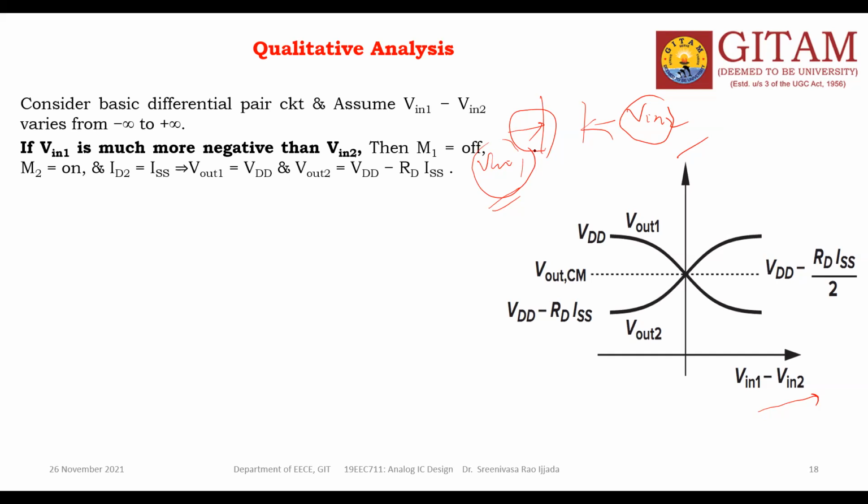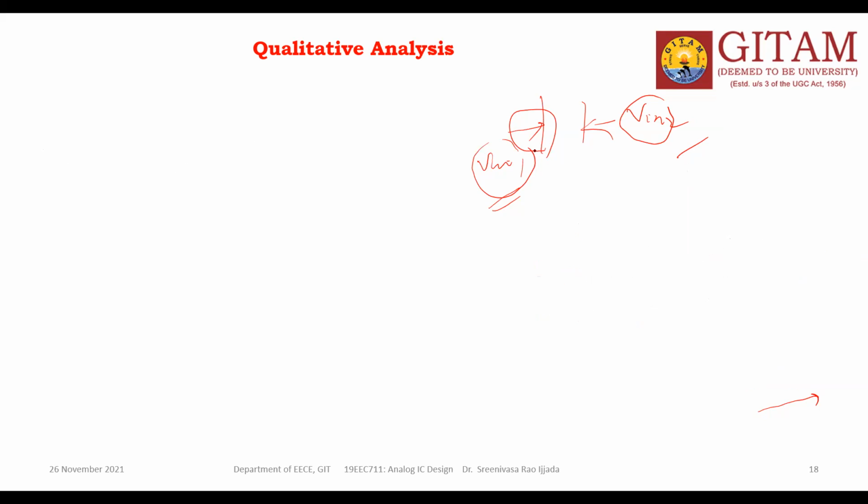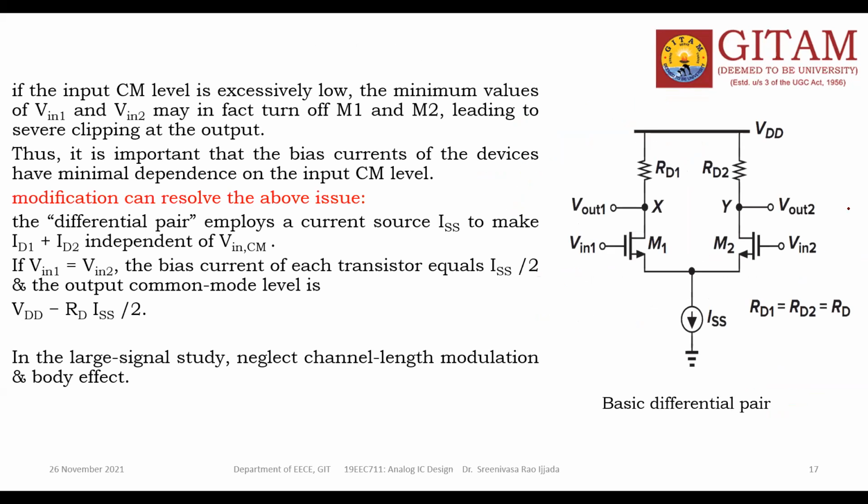So M1 is off. Then what is the output? Since this is off, no current is flowing in this branch, so no drop, so Vout is equal to entire VDD. Clear? And this is on, so the ISS and the current in M2 is the same.